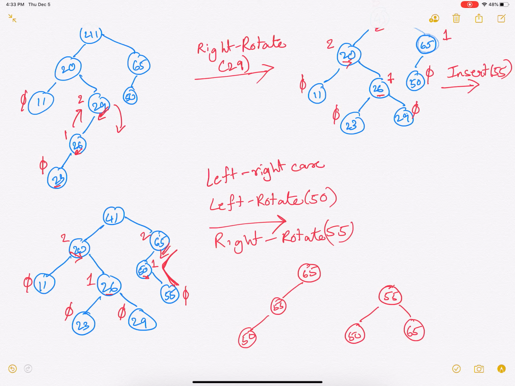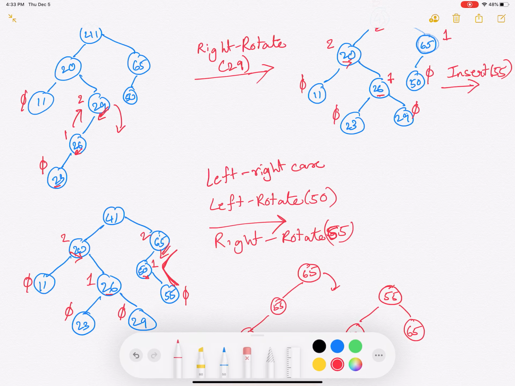So we have to right rotate actually 65. So bring 65 down, 55 will move up. Right rotate 65 down. Raise that. Okay, that's what we did.